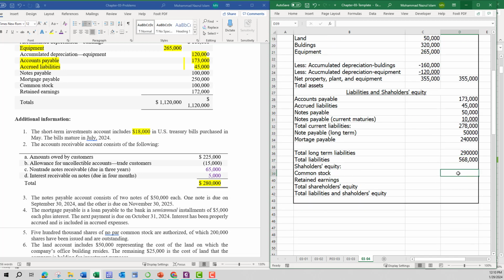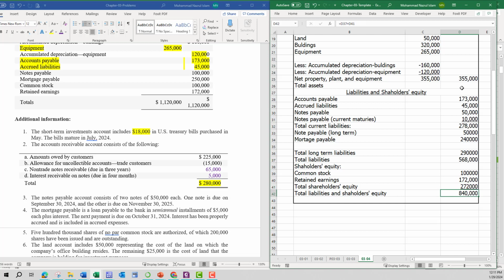Now shareholders' equity. The common stock is 100,000, and then retained earnings are given as 172,000, and total shareholders' equity is 272,000. Total liabilities and shareholders' equity would be 568 plus 272, so 840.